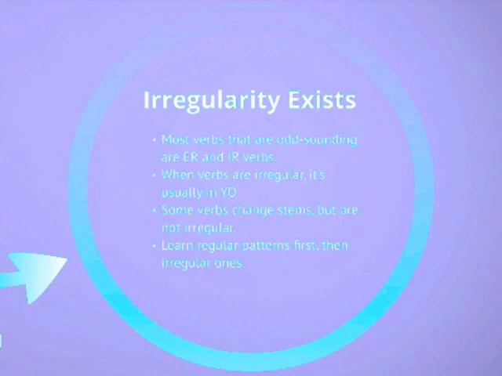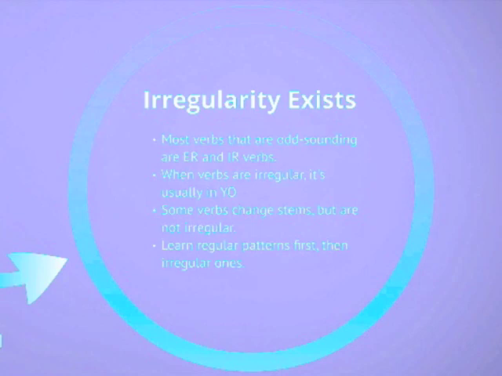Irregularity exists. Most verbs that are odd sounding are ER and IR verbs, and I say odd sounding because that's really what it is. Irregularity wasn't invented to torture Spanish students. It just so happens that a lot of the verbs that have infinitives ending in ER and IR have little oddnesses in them.